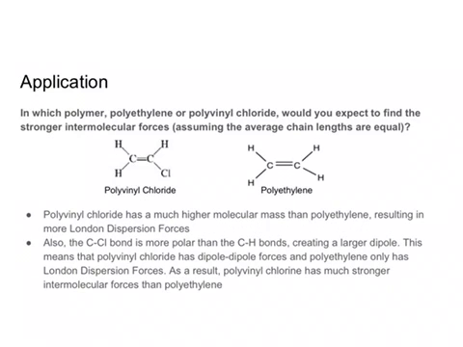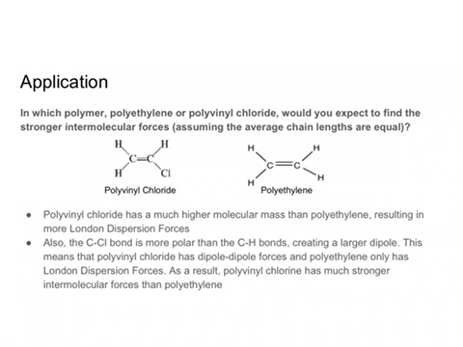So we can apply this thinking when we compare intermolecular forces in polyethylene and polyvinyl chloride. The unique thing about polyvinyl chloride is that it has polarity in the carbon-chlorine bonds compared to the carbon-hydrogen bonds. This increase in polarity creates a larger dipole, creating dipole-dipole interactions compared to the London dispersion forces of the polyethylene.